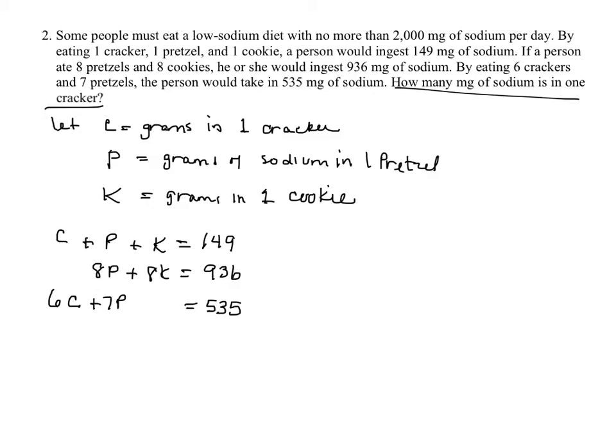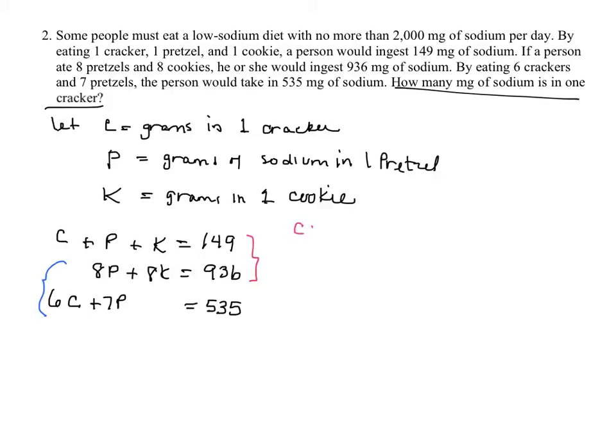The beauty of this is it's not too bad, but I'm going to use these first two and then I guess these second two. And let's cancel out the cookies because we need crackers in the end, so we don't want to get rid of crackers, so let's get rid of cookies first.